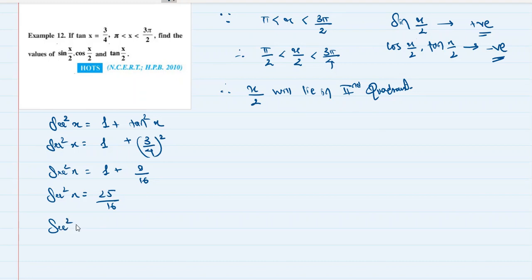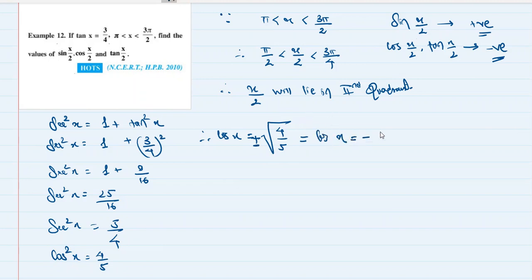So sec x is equal to 5 by 4. Therefore cos square x is equal to 4 by 5. You will have a plus minus sign over here, because x is in the third quadrant. In the third quadrant cos is negative.